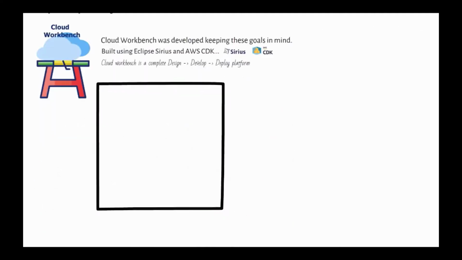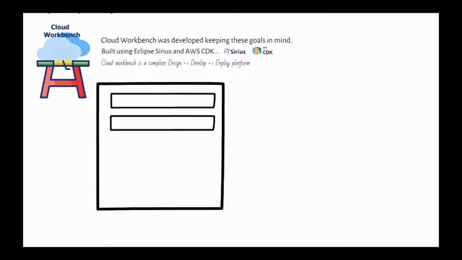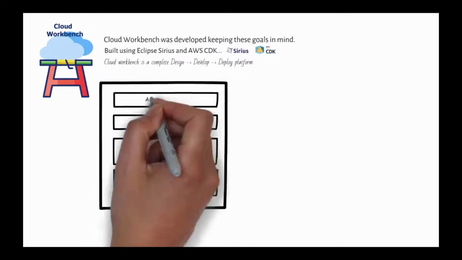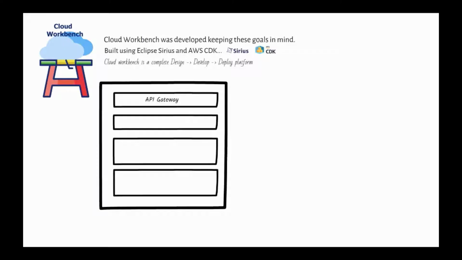So how does the Cloud Workbench help? What we have done using Sirius is given the architect a canvas on which the architect can drag and drop various cloud infrastructure elements, be it say an API gateway or a network load balancer, ECS clusters, or the databases.